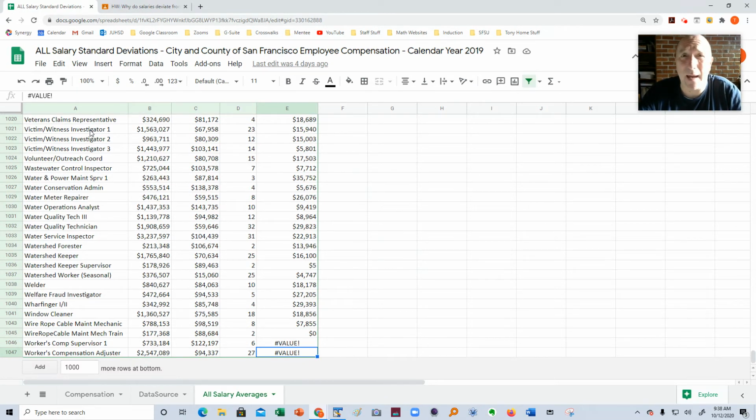So there could be a bad piece of data somewhere in those worker compensation adjuster records on the compensation page. I don't know what that means. Basically, skip the ones that say value. Don't consider those job classifications when you're taking a look at the average salaries and the standard deviations.